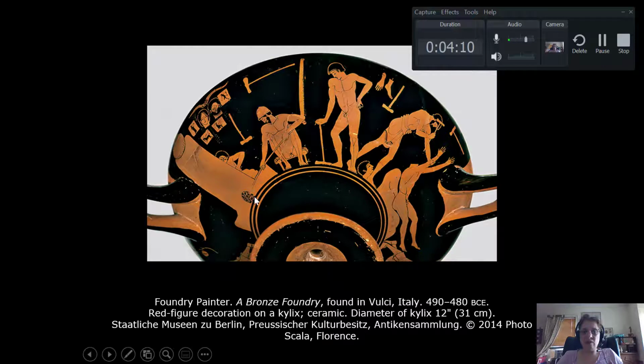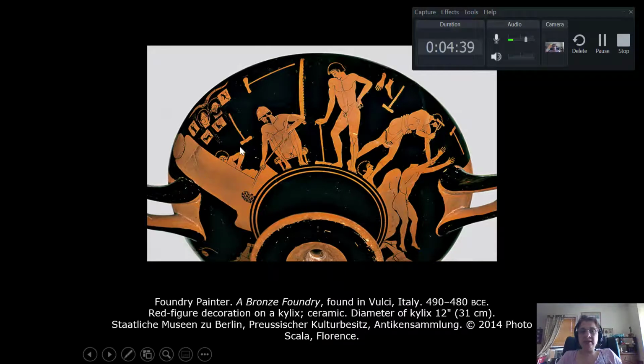Here we have a foundry, which is where you're melting metal. And in this piece, they have shown that they discovered or invented the technique of lost wax casting. What lost wax casting did is it made it affordable and possible to make large-scale metal sculptures that are hollow.